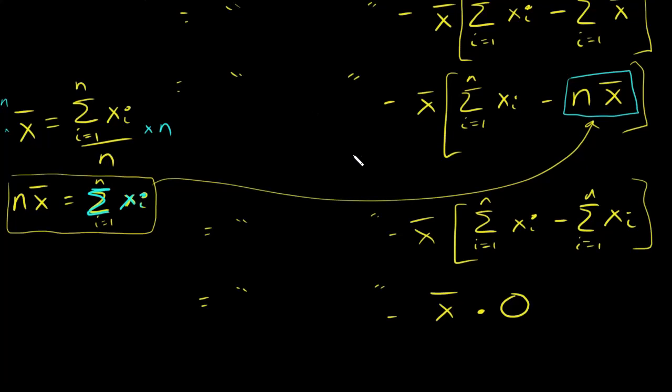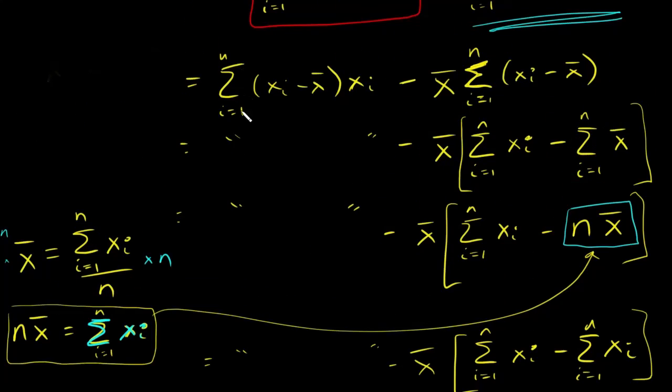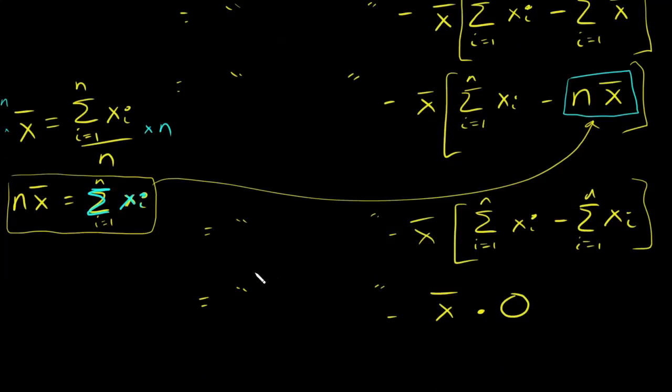And if I scroll up, we see that what was here was the sum from i equals 1 to n of (xi minus x bar) times xi.